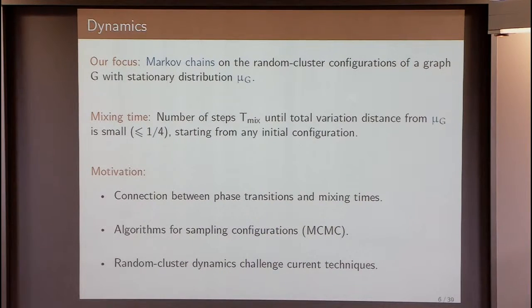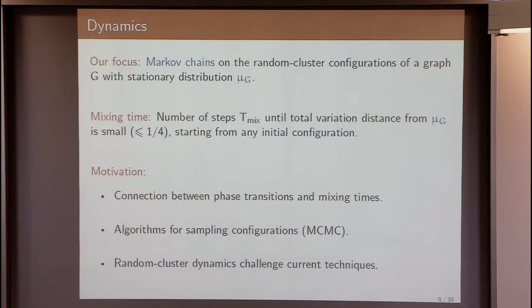For example, we know of many phase transitions that substantially change the mixing time of some Markov chains. On the other hand, in many other models, we have been using, for many years now, mixing times of various Markov chains to understand the phase structure of these models. So there is a two-way connection here.